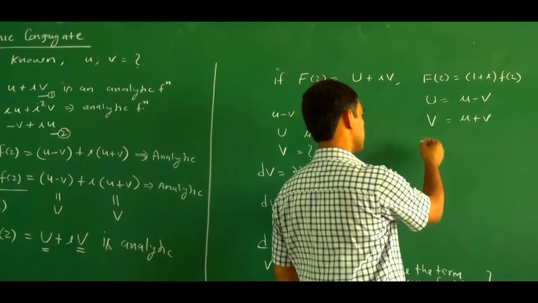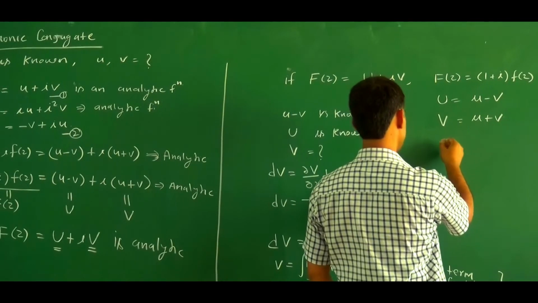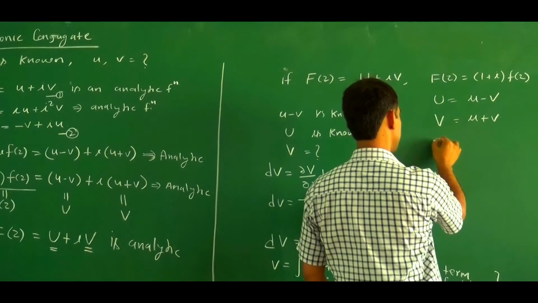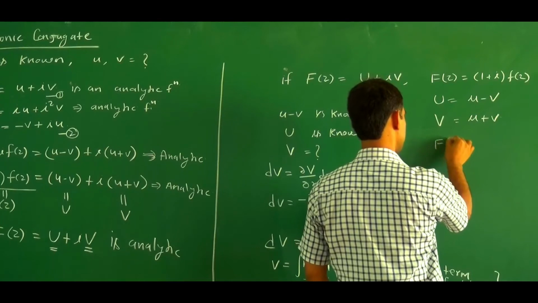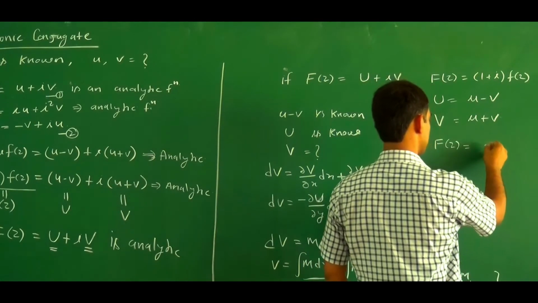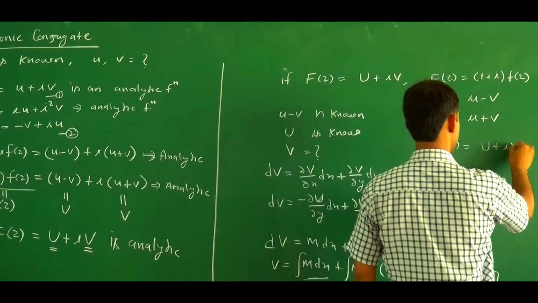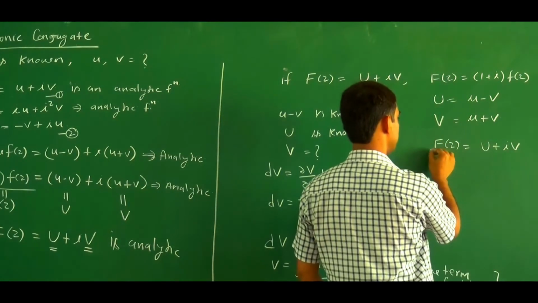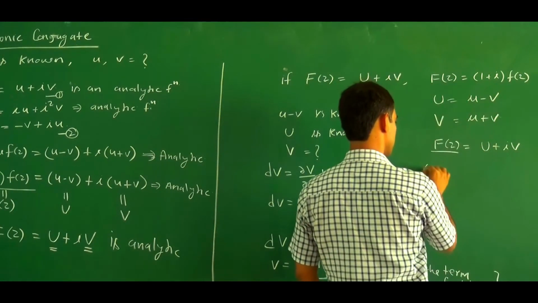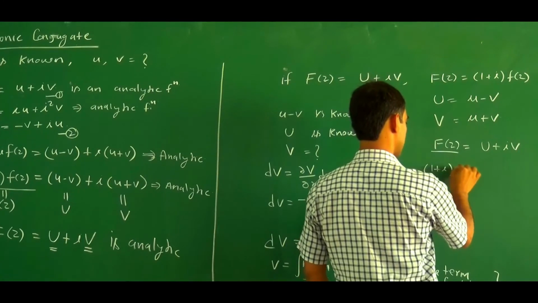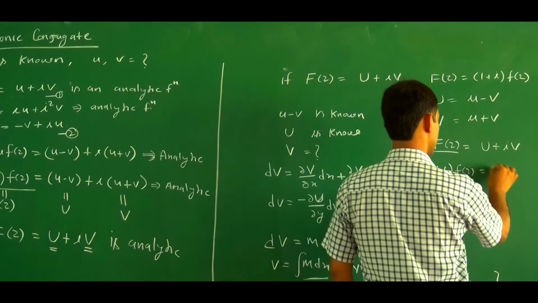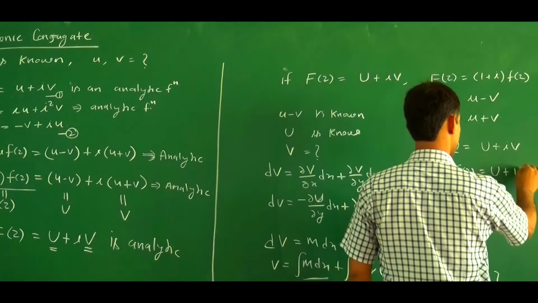So once we find capital U and capital V, then Fz equals U plus iV. Then we replace fz by (1 plus i) Fz, which equals capital U plus iV.